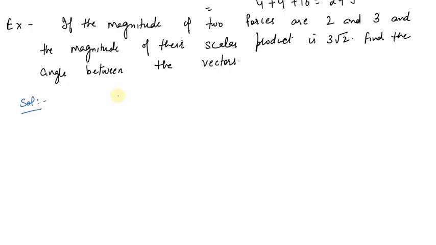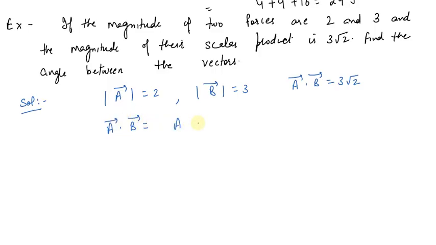Now here magnitude of A is 2, magnitude of B is 3, and the dot product is 3 root 2. Now A dot B is magnitude of A, magnitude of B into cos theta.